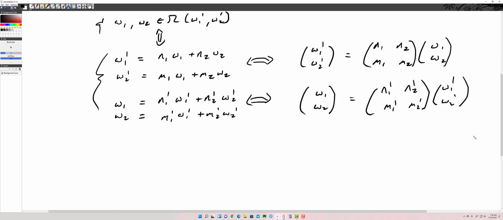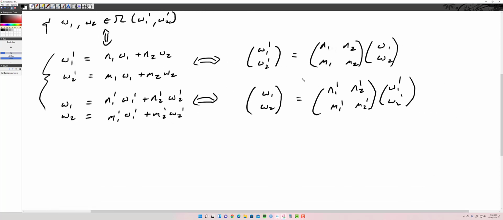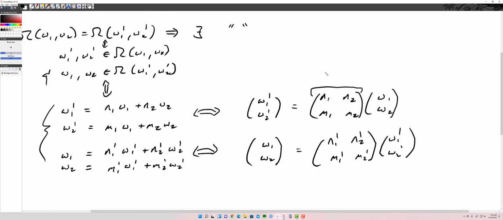Now I'm going to talk about this matrix for a second. This matrix cannot be singular. It has to be able to transform this into something that would have a non-real ratio.